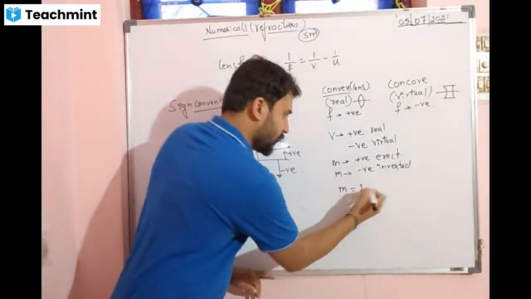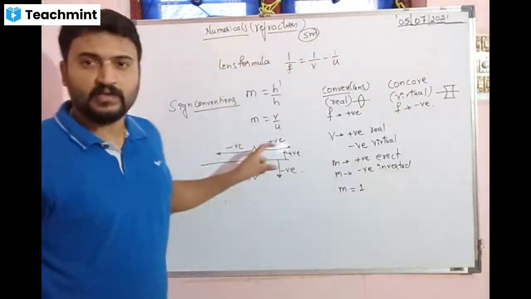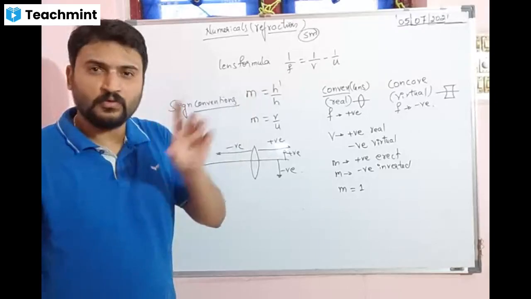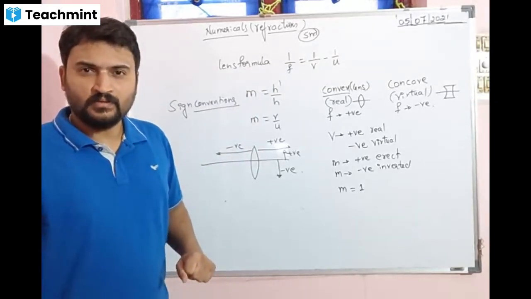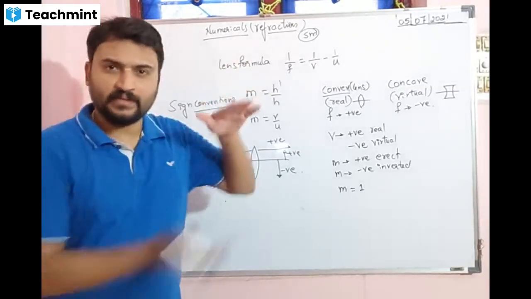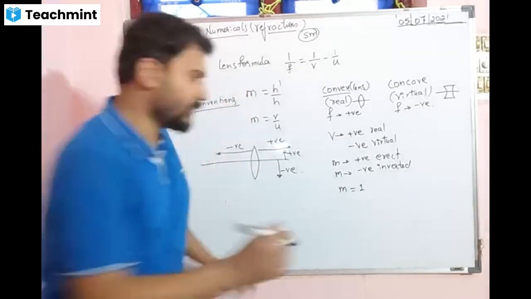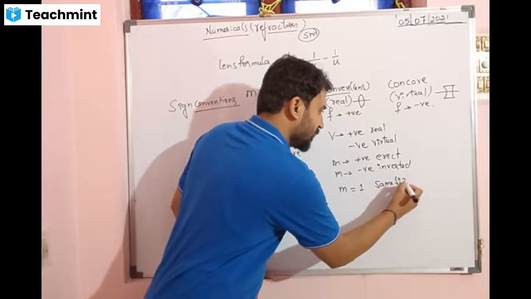If M is equal to 1, that is, when you divide object size and image size and you get 1, don't you think both are the same size? Object is 10 centimeter, image is also 10 centimeter. If you divide 10 by 10, you will get 1. So 1 means it is of the same size.